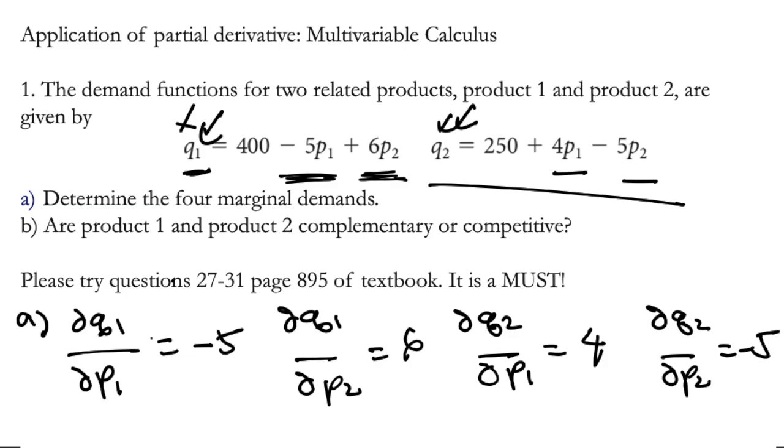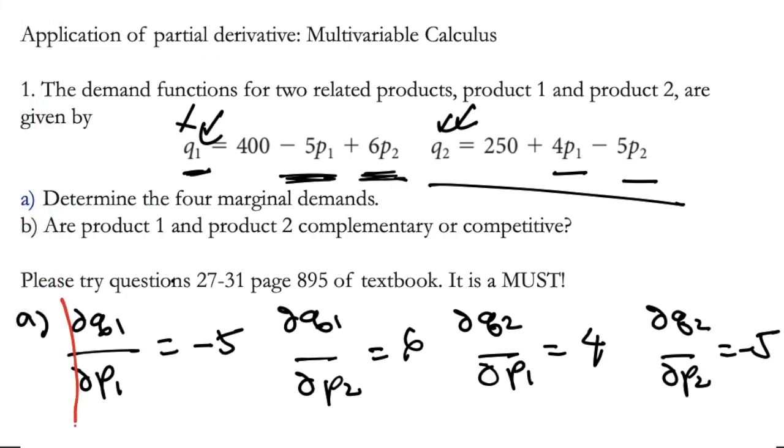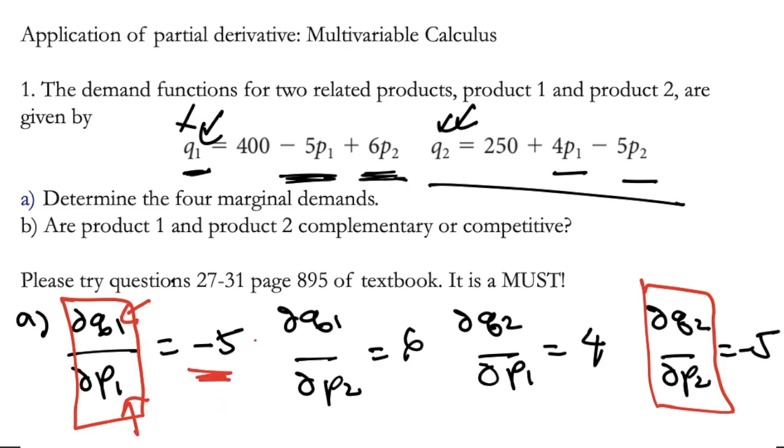Okay. Let me use red pen. This red pen, if you see this and this, you differentiate product 1 with respect to its own price. You get minus 5, which is less than 0. Minus means what?